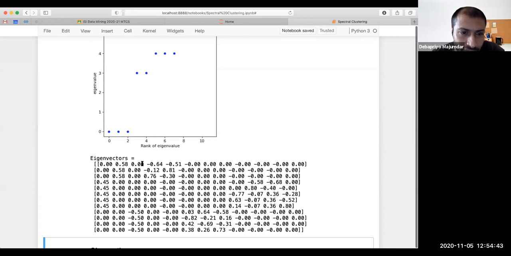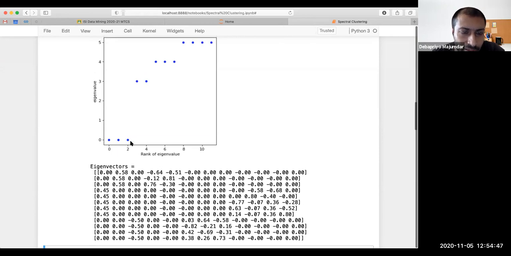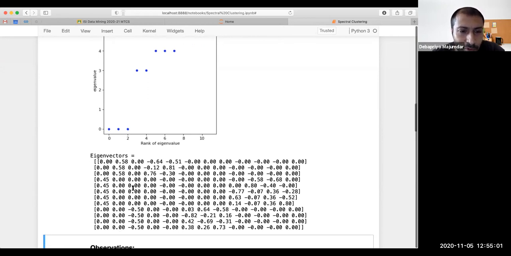So you see the first 3 eigenvectors cleanly correspond to the 0 eigenvalues. They are non-zero, they all have unit norm, and they are all orthogonal as well. So they're corresponding to the 3 eigenvalues.